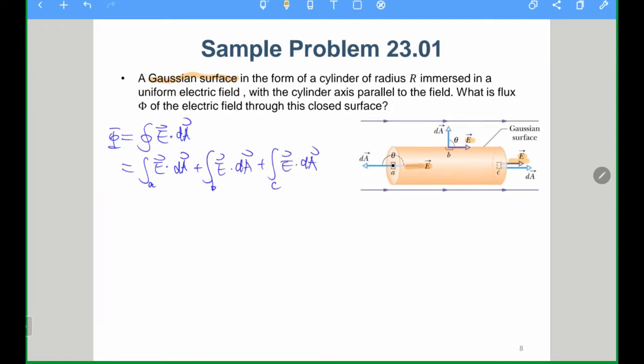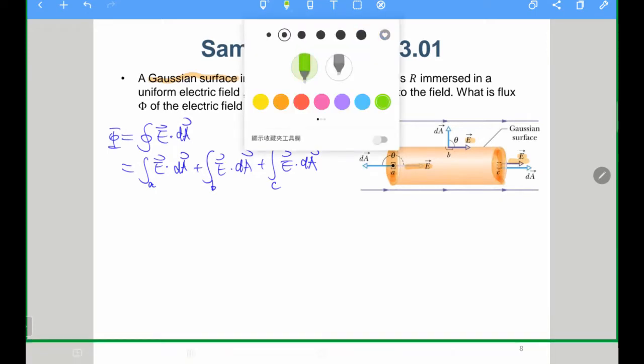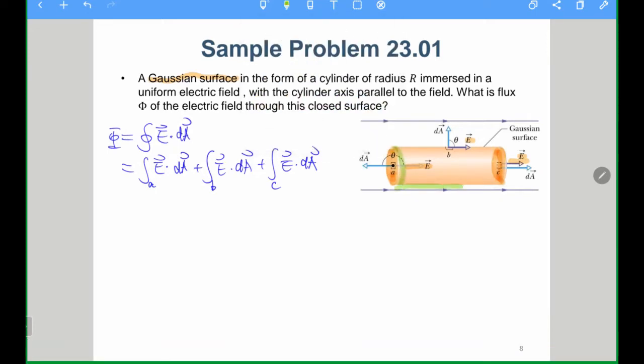You can check the figure. This surface is part A, and this surface is part C. Part B is the side part of the cylinder. This is B, this is A, this is C.